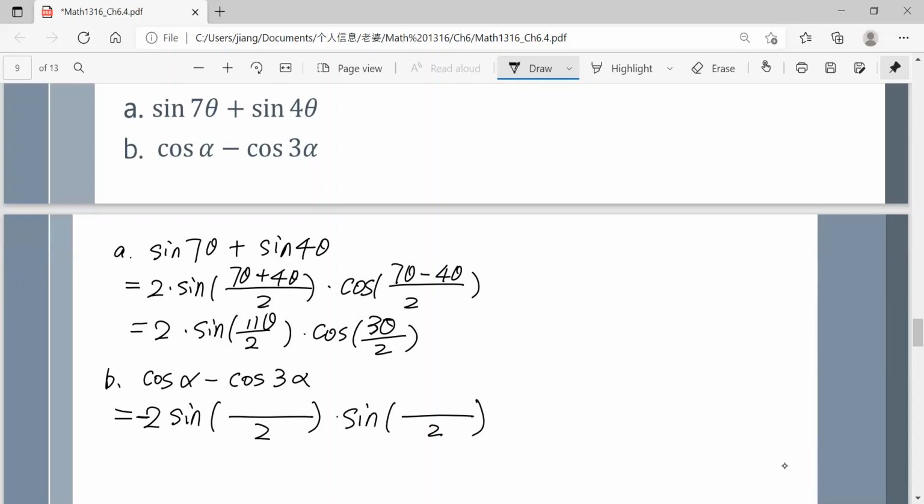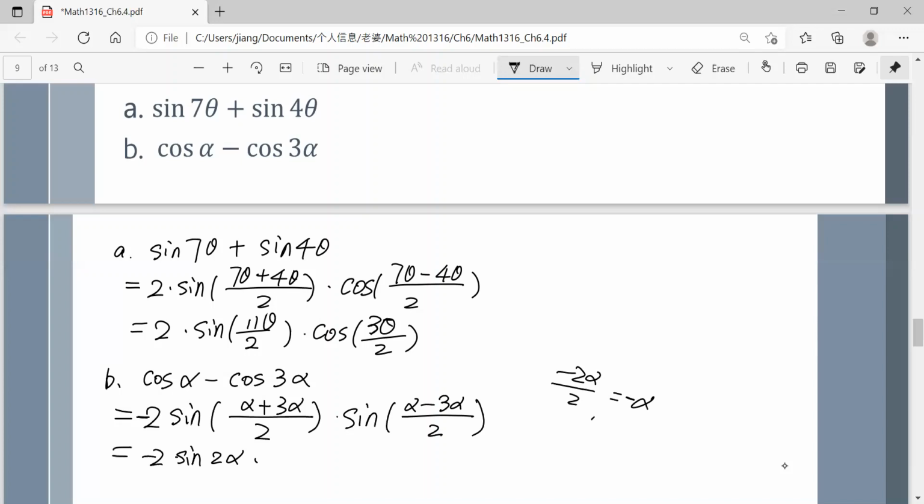So the first angle is alpha and the other angle is 3 alpha. Negative 2 times sine of alpha plus 3 alpha, which is 4 alpha. 4 alpha over 2 is 2 alpha. And then alpha minus 3 alpha is negative 2 alpha. Negative 2 alpha over 2 is negative alpha.